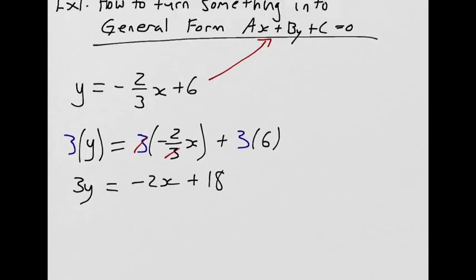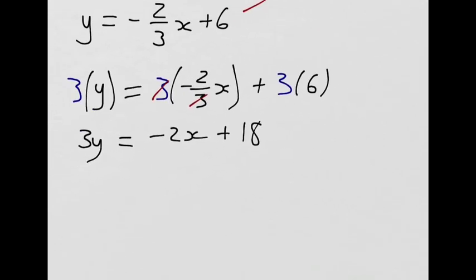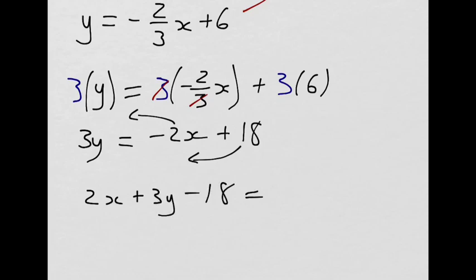Okay? I want to make sure that I follow this general format here. I want to make sure I have the x term first, then the y term, then the constant. Okay? So try to keep it in that order. It makes everything look pretty. So I bring the 2x over and the 18 over. That gives me positive 2x plus 3y minus 18 equals 0.